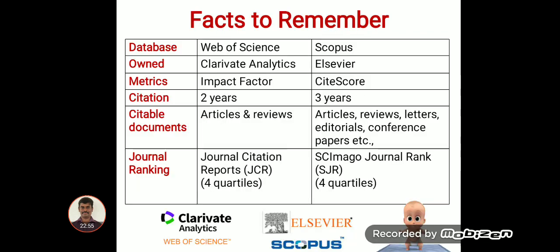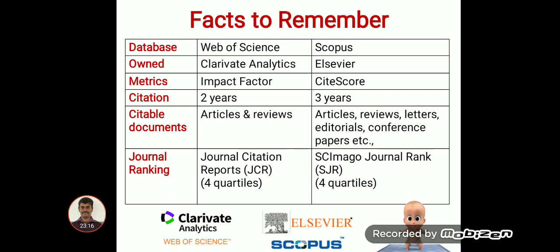We have come finally to the summary table. So these are the important facts you have to remember. When you see the database, we have the two important, well-known, reputed databases. One is Web of Science, the other one is Scopus. Web of Science is owned by Clarivate Analytics, whereas Scopus is owned by Elsevier.